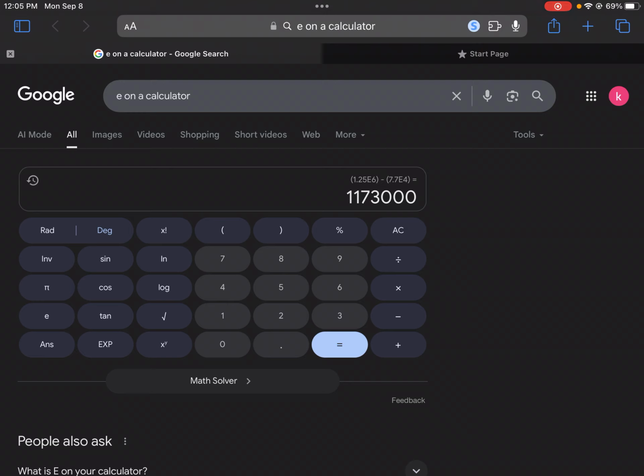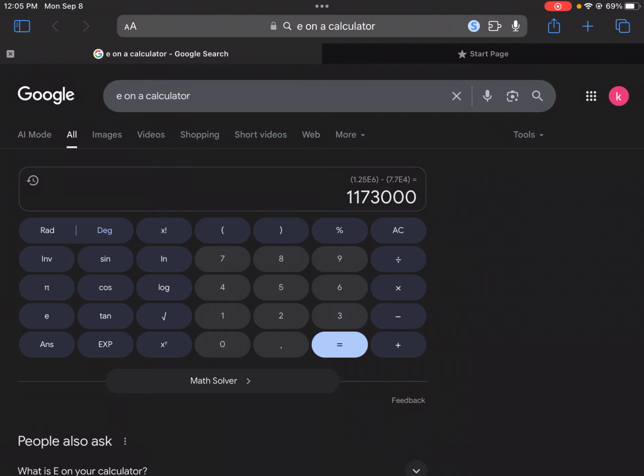We have 1,173,000. Let me see, is it measured in meters? It's measured in meters. Going back into scientific notation, we're just going to count off from that final 0 and move the decimal place to the left. That gives us 1, 2, 3, 4, 5, 6 decimal places that we have to move back.